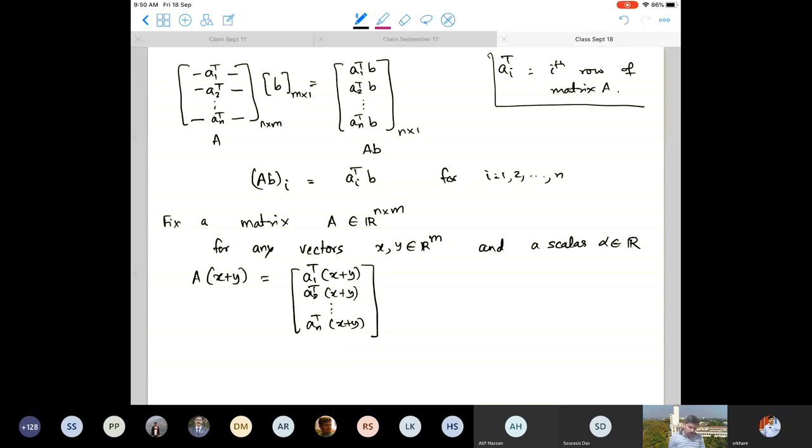But now, what can you write? You can write this as A1 transpose x plus A1 transpose y, A2 transpose x plus A2 transpose y, An transpose x plus An transpose y. Why is this step okay?